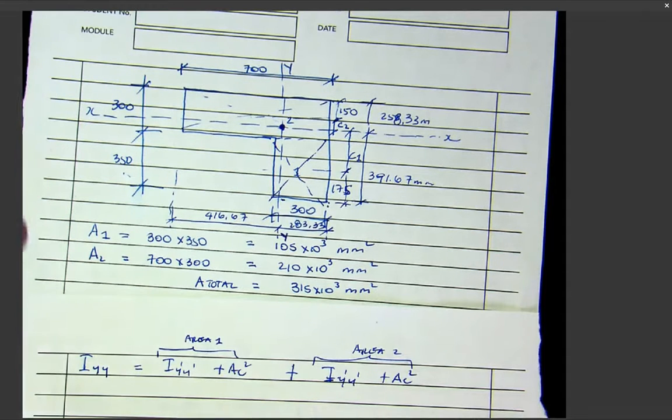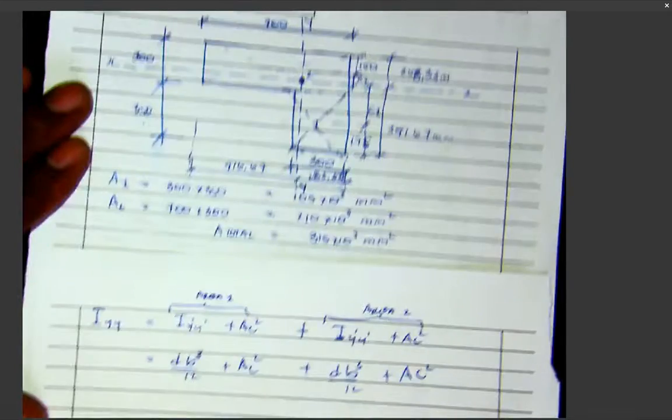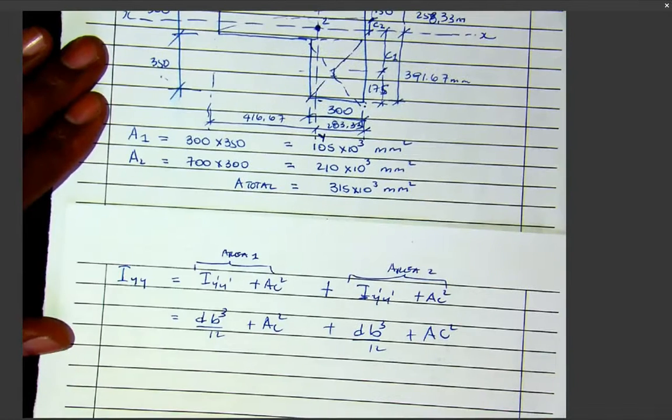Now, what is IYY? It is dB cubed all over 12 plus AC squared. That is my IYY.